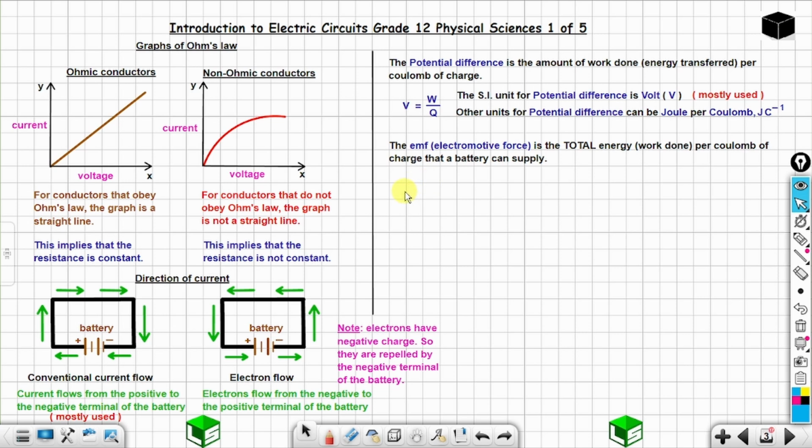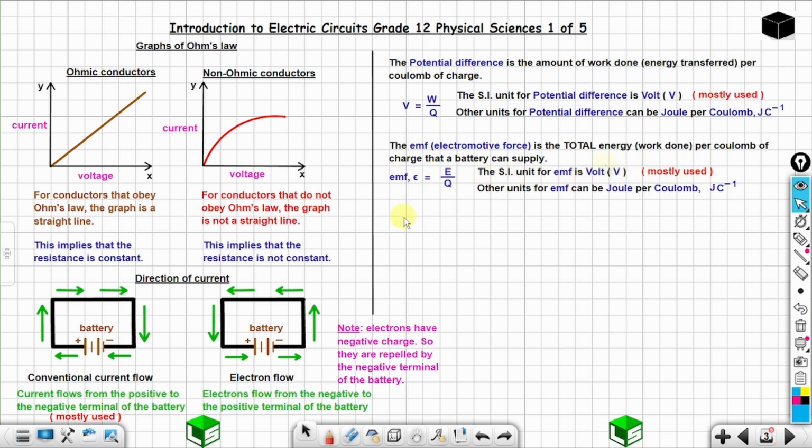We use E for the EMF, which is equal to the total energy per coulomb of charge. The SI unit for EMF is also the volt. Another unit for EMF can be the joule per coulomb. We are going to use the volt most of the time.